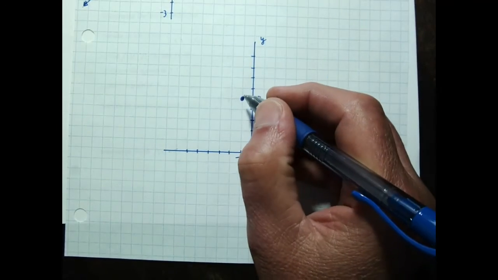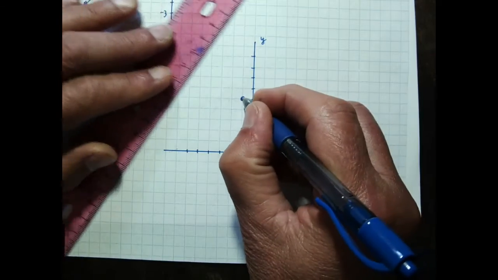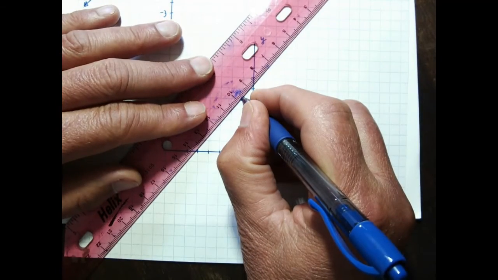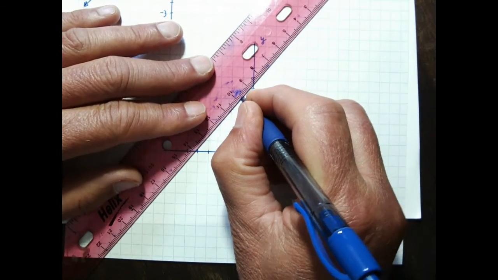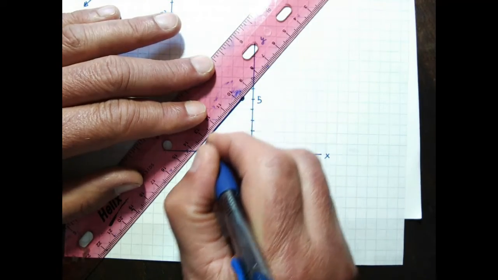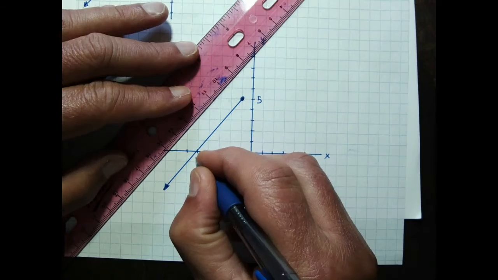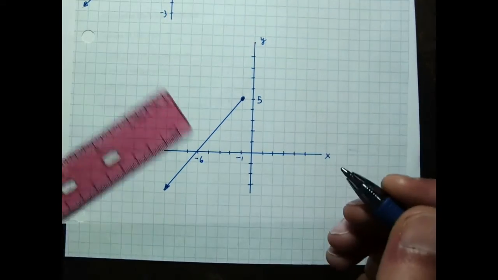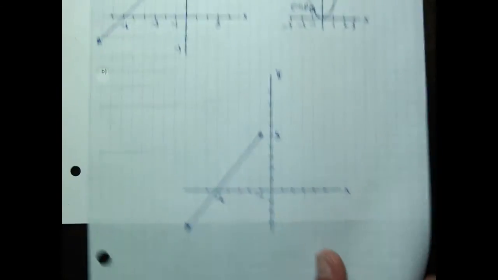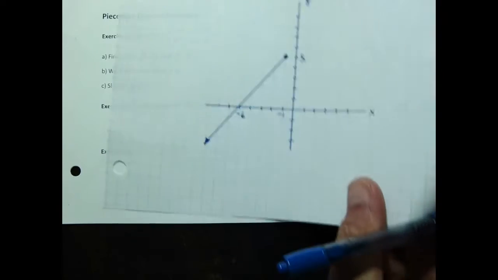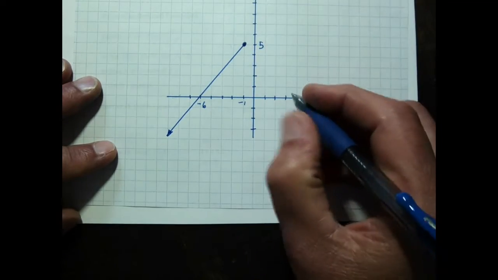And that straight line I can draw because I know it has slope positive 1. And I think that's negative 6 on the x-axis. So I just recopied the straight line graph onto this grid.